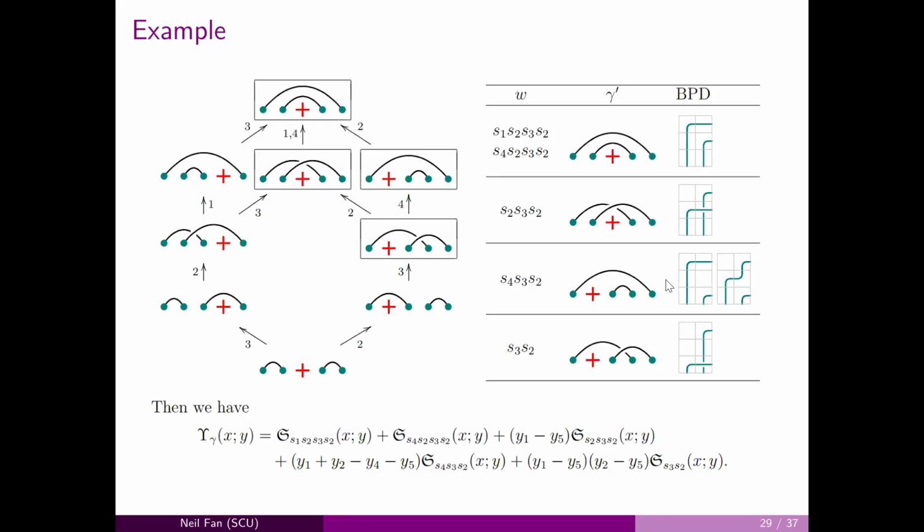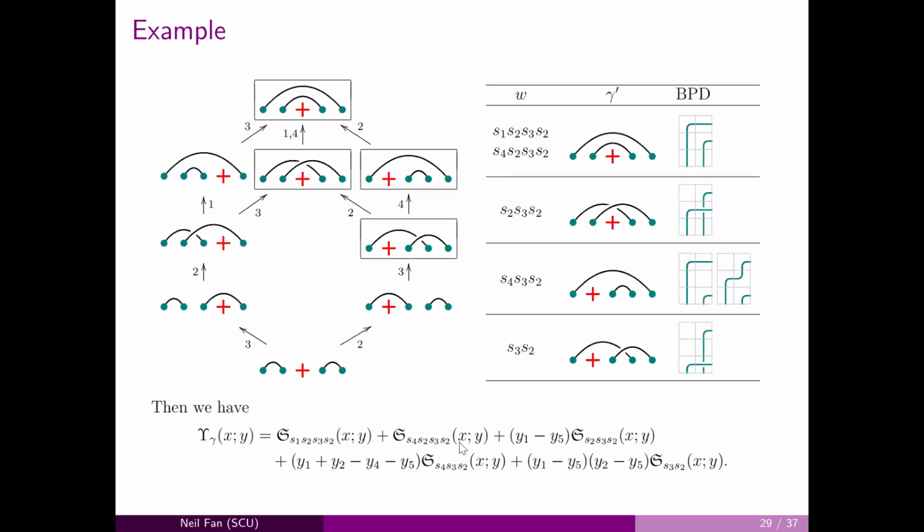This gamma prime has two BPD fragments, and its Klein polynomial is this: this tile is y1 minus y5, and the weight of this tile is y2 minus y4.